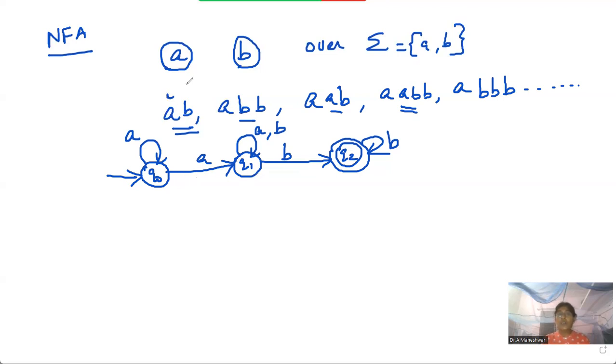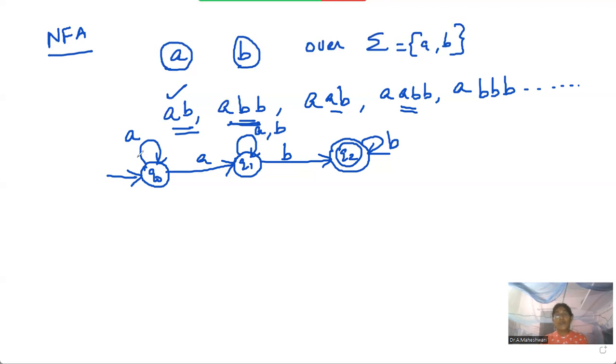Suppose this particular string is accepted here. How can I check it? I'll start with Q0. So Q0 to Q1, A is recognized. Q1 to Q2, B is recognized. Yes, AB is accepted. Now I want to check ABB. Okay, start from here, A, and this is B, and this is B. The meaning is either A or B; at a time, one symbol is recognized.